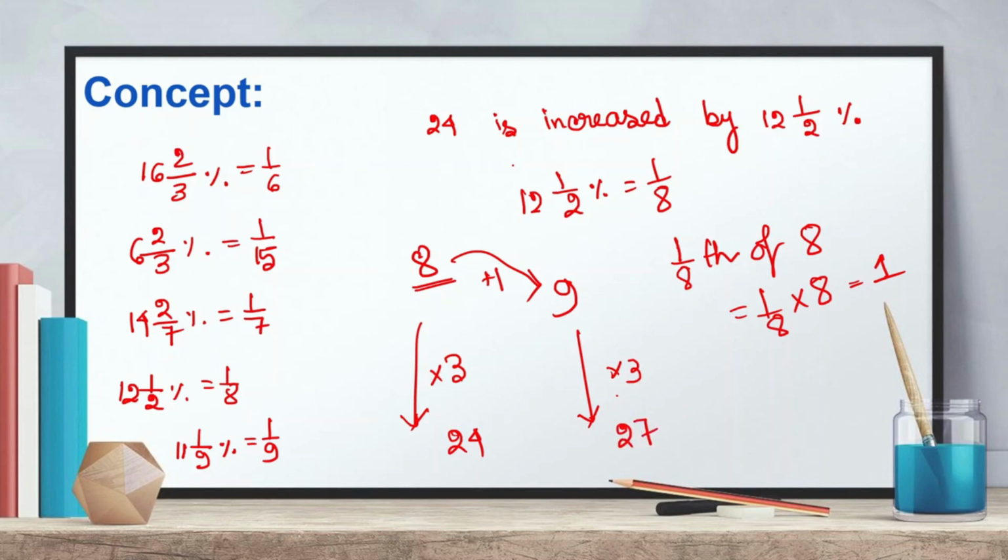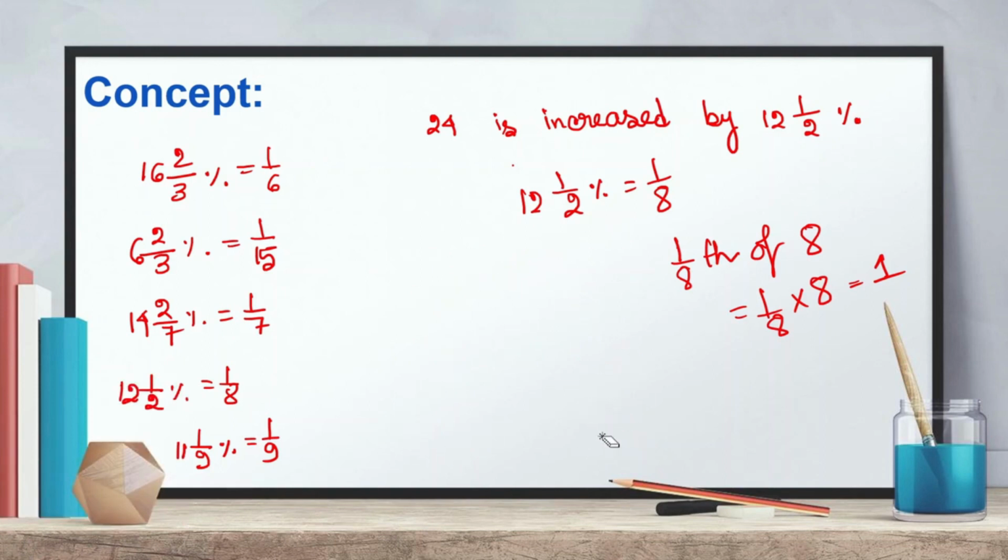So here is the concept. Here what we got? If the original value is 8 and it is increased by 12 1/2 percentage, then the increment is 1.